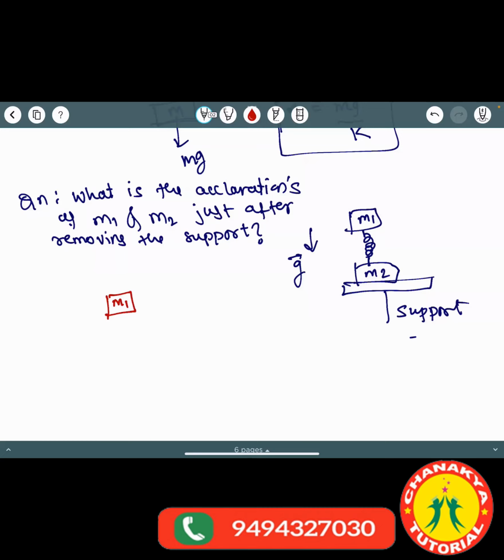What are the forces acting on it, with direction? M1g is acting downwards, and the spring force is also acting downwards. No, it will be upwards, because when you keep the mass on the spring it has compressed, and now it will try to come back. Always remember that the spring tries to come back to its natural length. So Kx will be upwards.